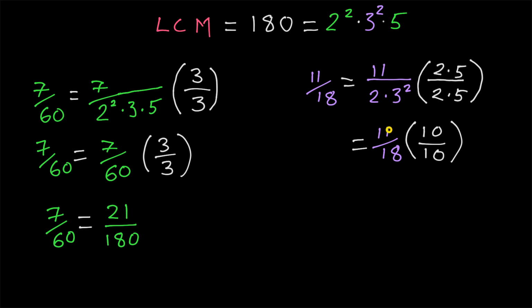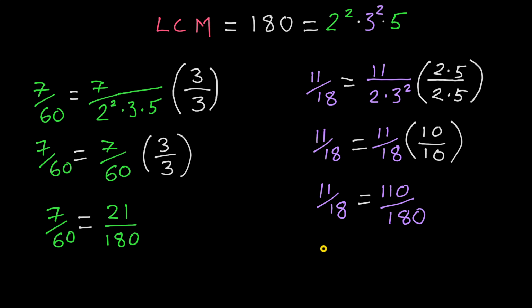And what about on the right-hand side over here? You're going to have 11 over 18 is equal to 11 times 10. Well, any number times 10, you just tack on a 0 at the end. So it's 110. And then 18 times 10 is equal to 180.